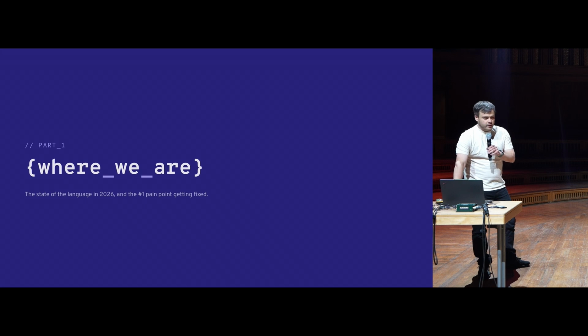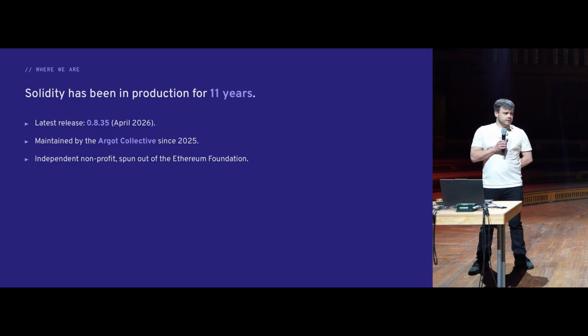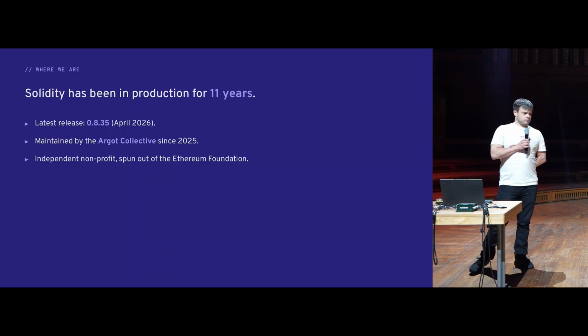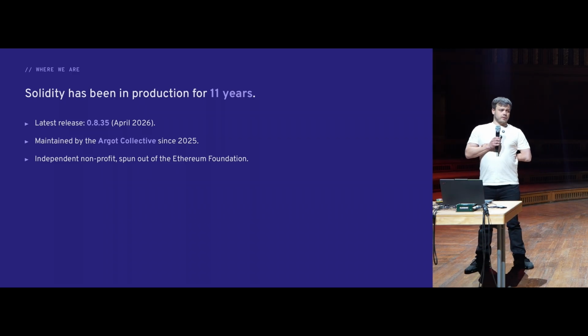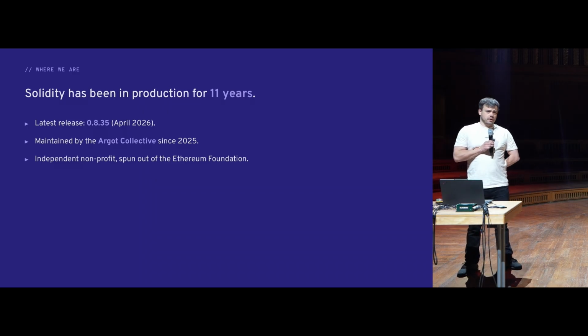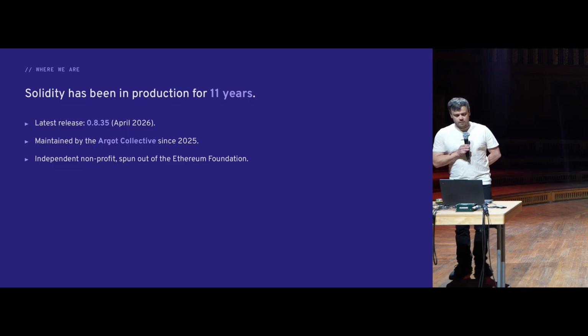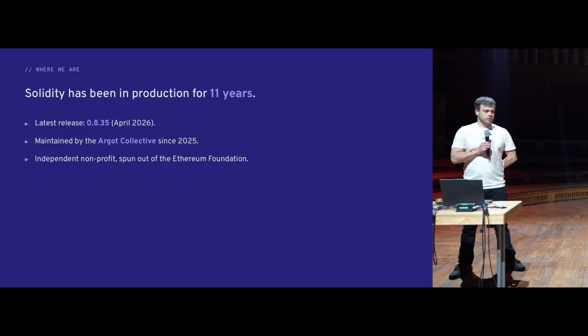Okay, so where are we currently with the language in 2026, and what are the pain points that people are still facing with Solidity? Solidity has been in production for 11 years. The latest release is 0.8.35 from April, which introduced a couple of interesting things, one of them being an experimental flag that enables an SSA CFG pipeline, which my colleague Moritz will speak about much more right after my talk.